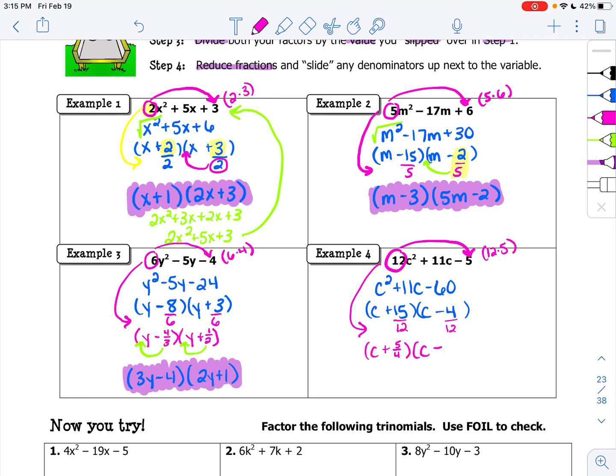And then c minus 4 over 12 will simplify to 1/3. So then we're going to take that denominator and push it in front of the variable for a final answer of 4c plus 5 times 3c minus 1.